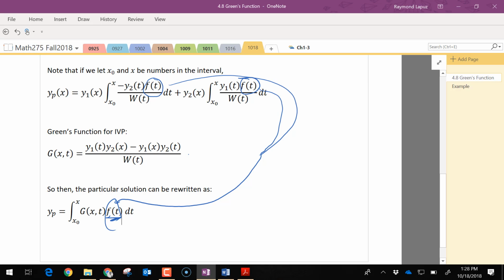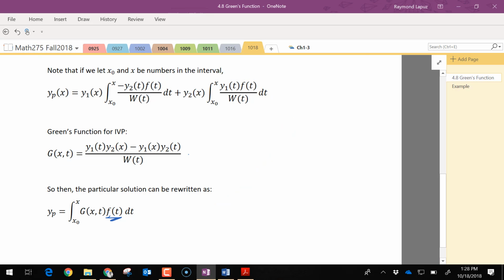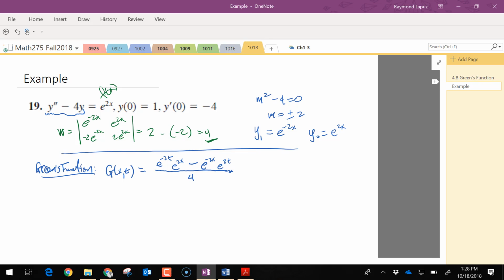Okay, so let's clear out all the scribble. Although circling the f of t here might be good to see. So that was factored out of Green's function. All right, so back to our problem.